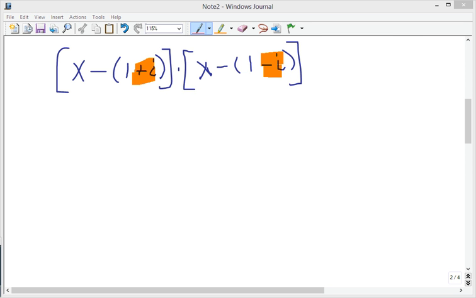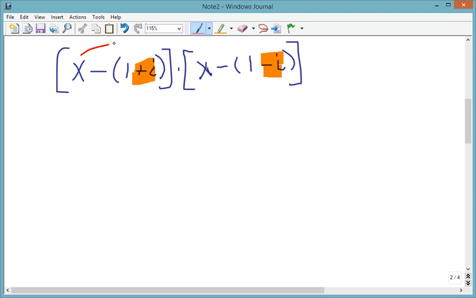All right, so let's multiply these two factors out. These would be factors of a polynomial. So we have x times x, that would be x squared. And let's just distribute this negative right now. So it's negative 1, and it would be negative i.